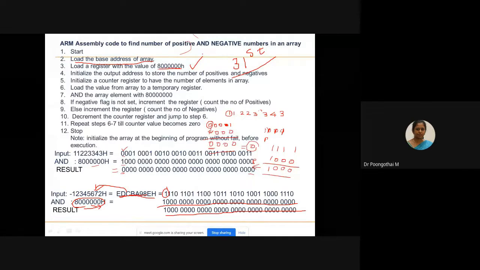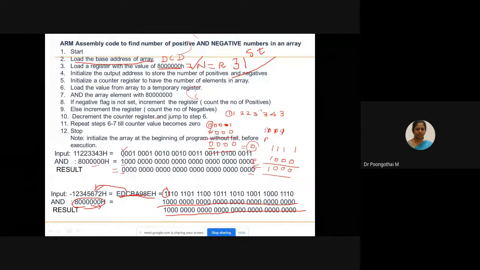So in your data space, using DCD, get your inputs one by one. And also assign a variable to this particular number and load that value into some general purpose register.